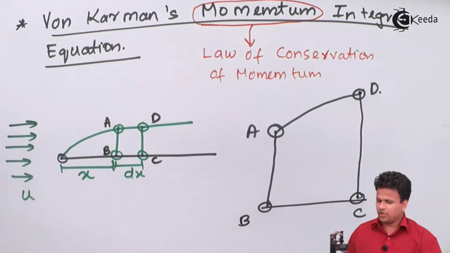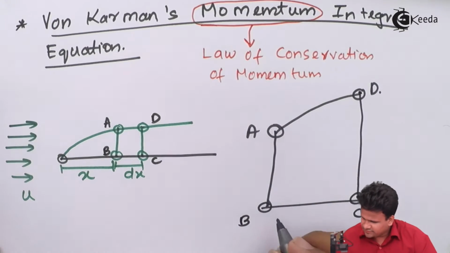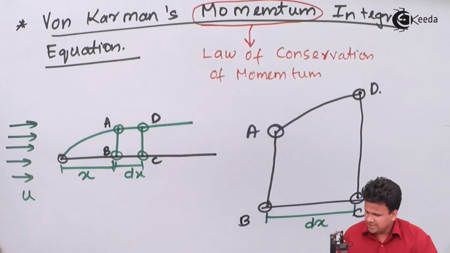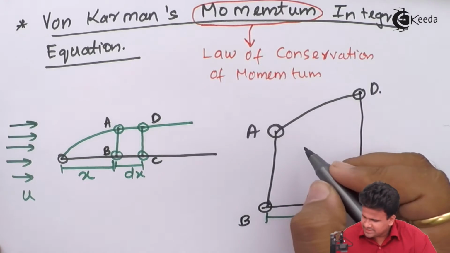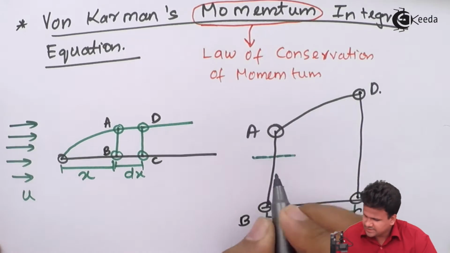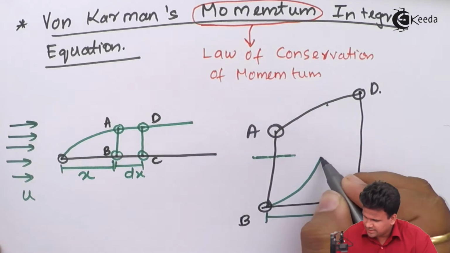Now since we have got the broader picture of this boundary layer, the thickness of the boundary layer along the horizontal direction is dx. Now let us consider the velocity gradient along this entire part.